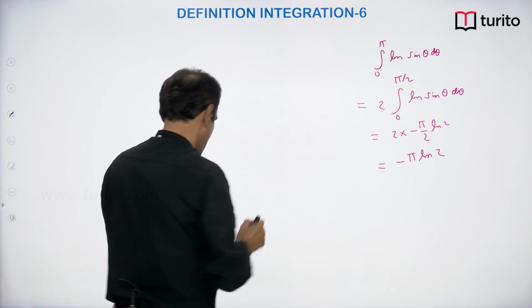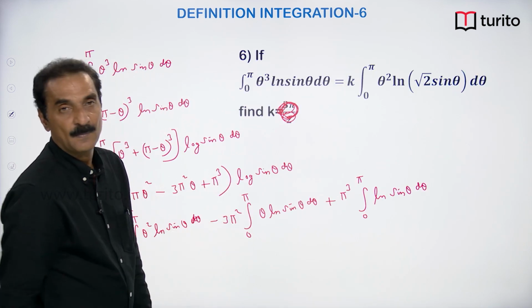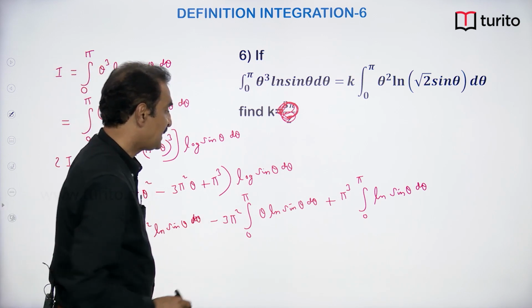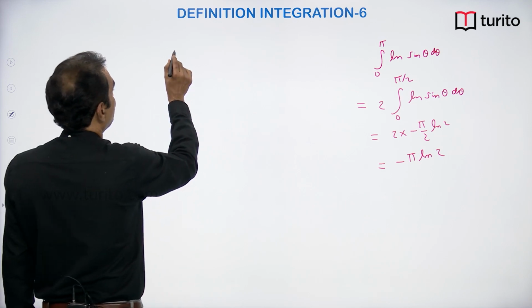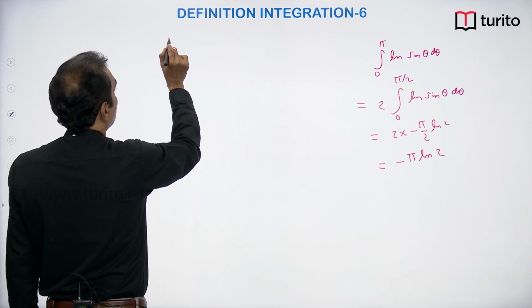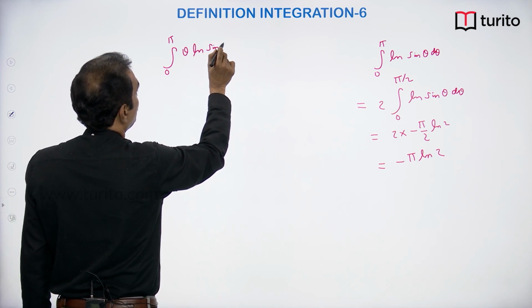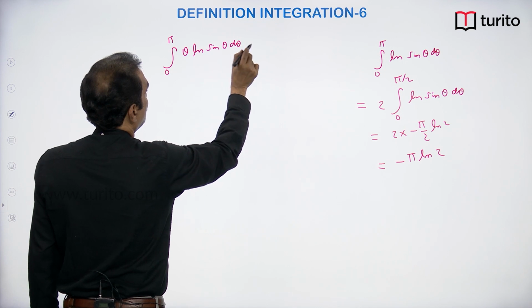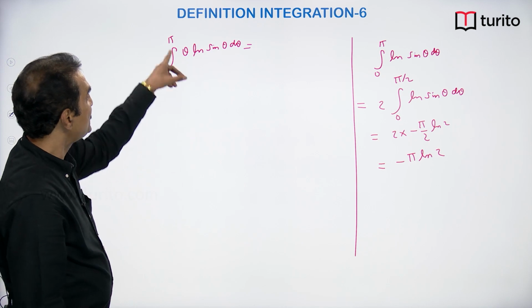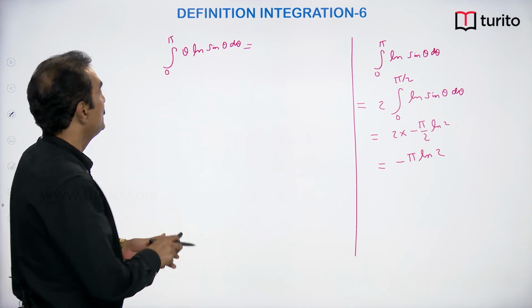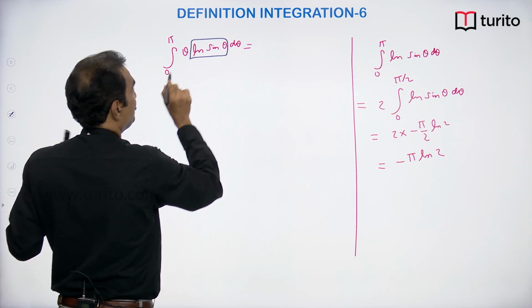Now coming to this integral, integral 0 to pi theta log sin theta. Replacing theta by pi minus theta, this part remains same.